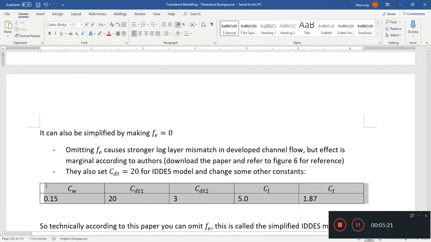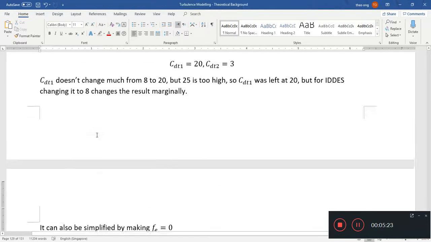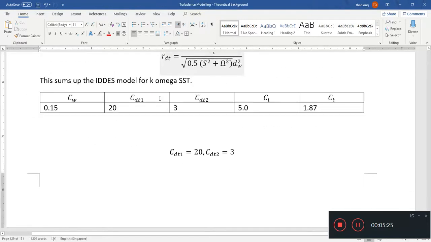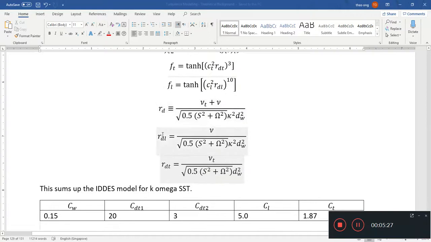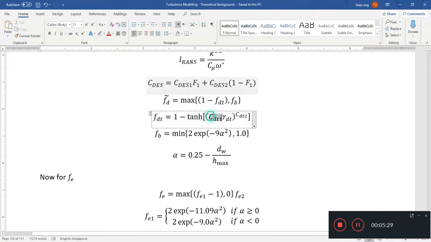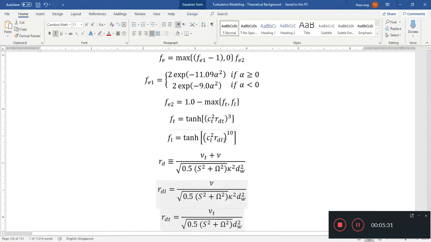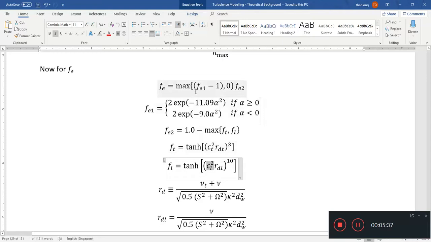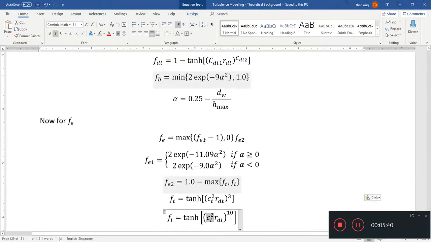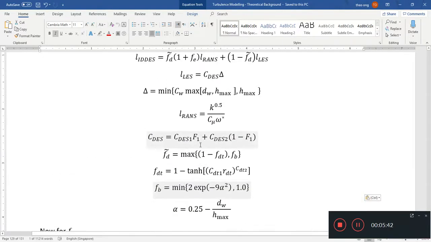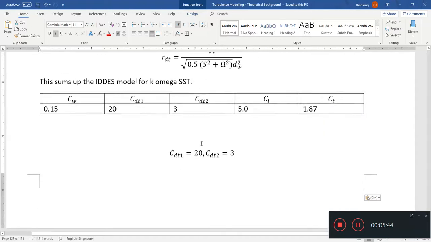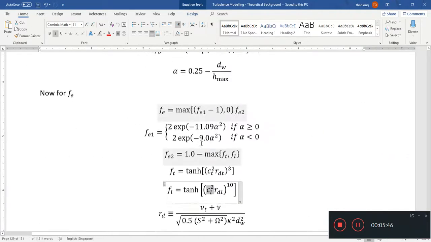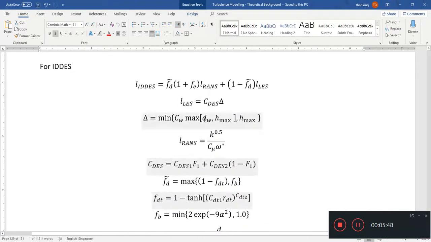I'll just cut and paste this table here. You will see lots of constants here: CDT, CDT2, CL, CW, for example. Where do you find CW? CW should be in the filter. Yes, CW is here.